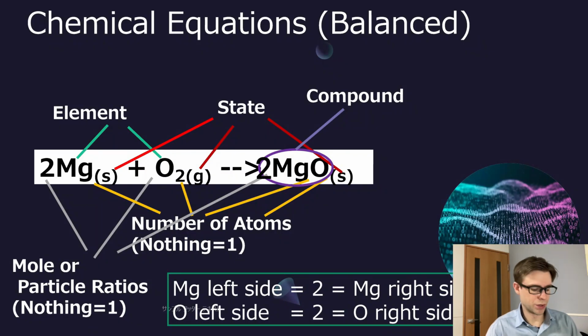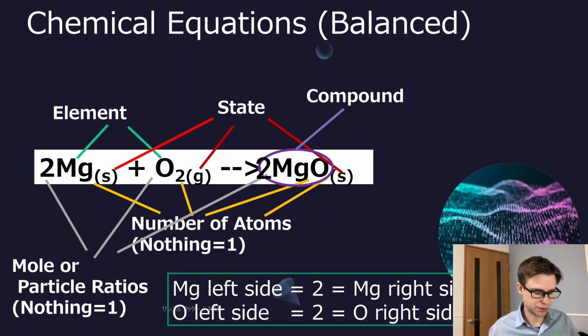Okay, so the numbers in the front, the mole or particle ratios, you can change in order to make sure that this is balanced. So if the 2 was not written in front of Mg and MgO, it would be your job to look at this and realize that they must be there to have conservation of matter, okay? Things cannot disappear or be created out of nothing. So it must be true that whatever is on the left side has equal numbers of atoms on the right side.